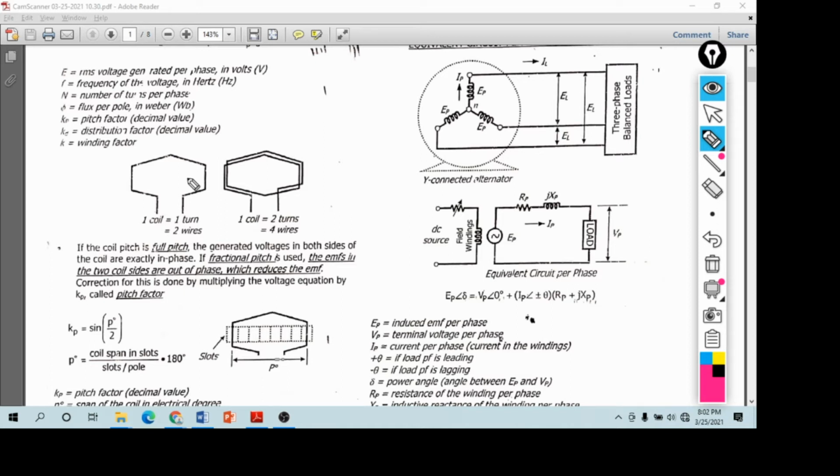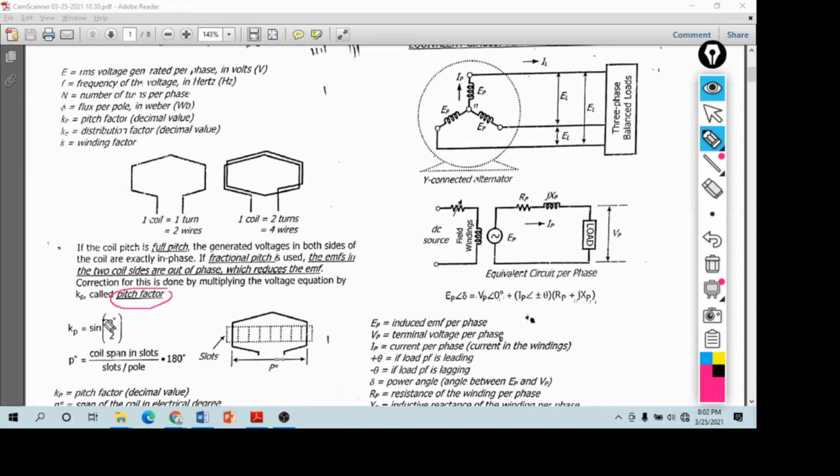So there is a reduced EMF also that is being induced by that magnetic pole. So meaning, ma-reduce ang imong output. So correction for this is done by multiplying the voltage equation by Kp or the pitch factor.